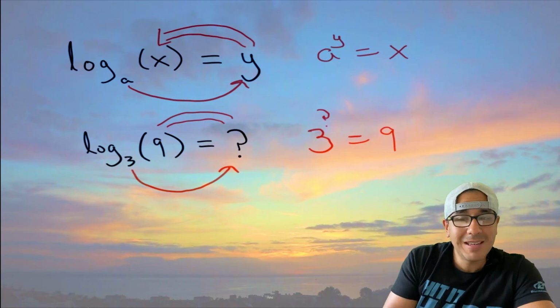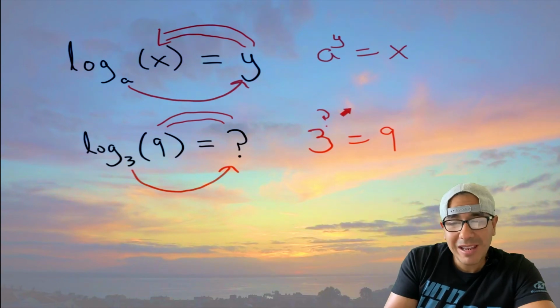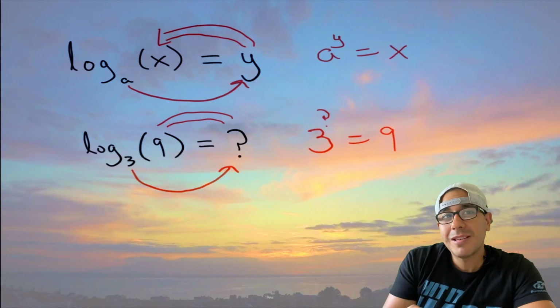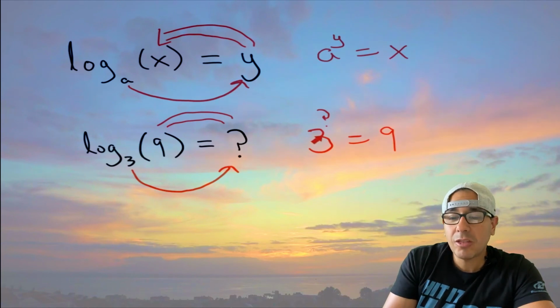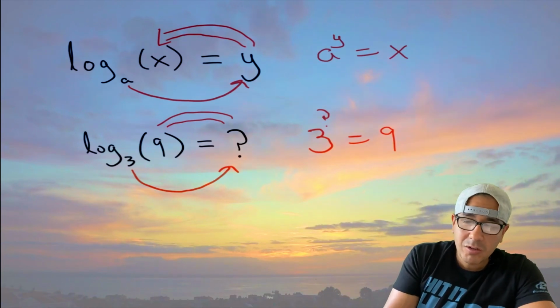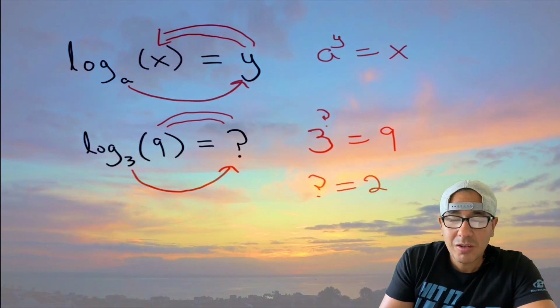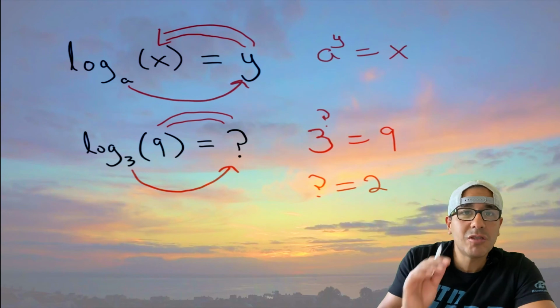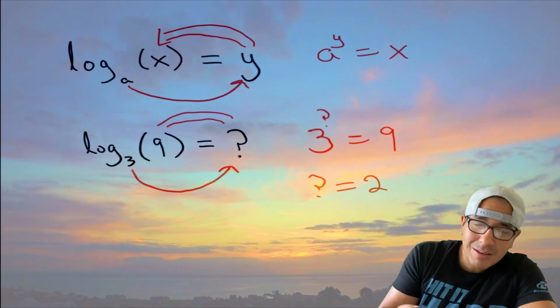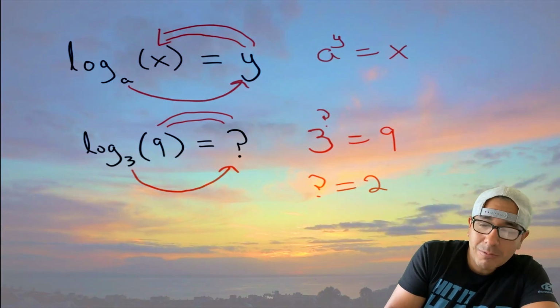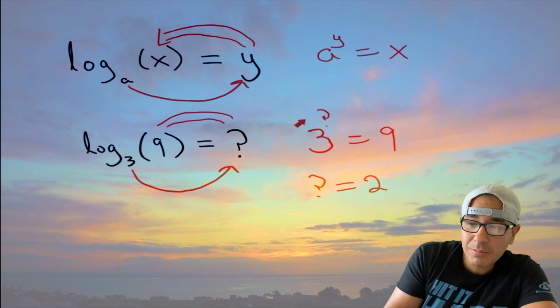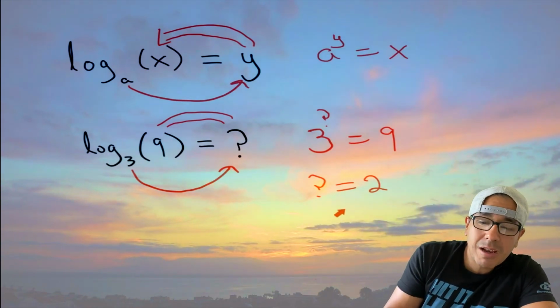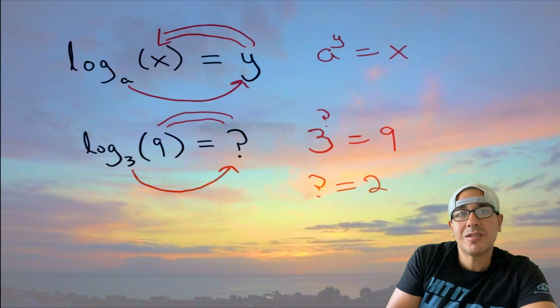And this is an easy case where now in exponent form, it's quite easy to see that 3 squared equals 9. So this question mark here has to equal 2. So the missing value equals 2. So you could easily see that what was in logarithmic form is now in exponential form, and it makes this problem much easier to solve.